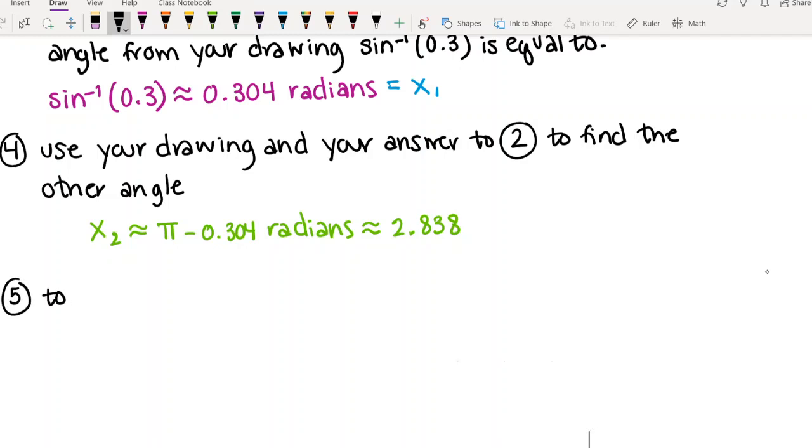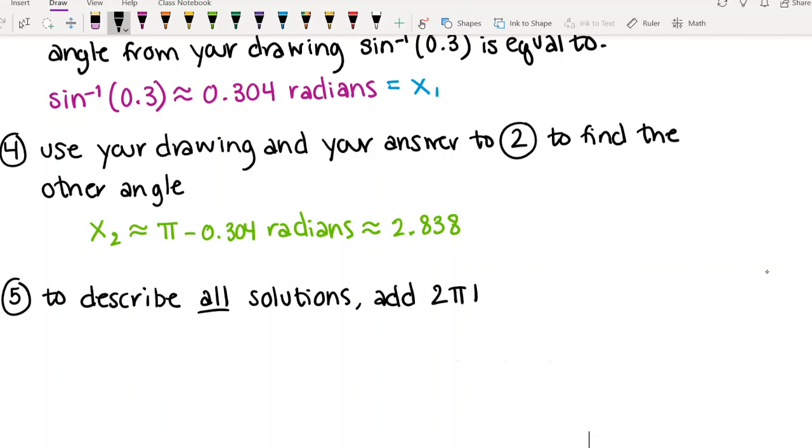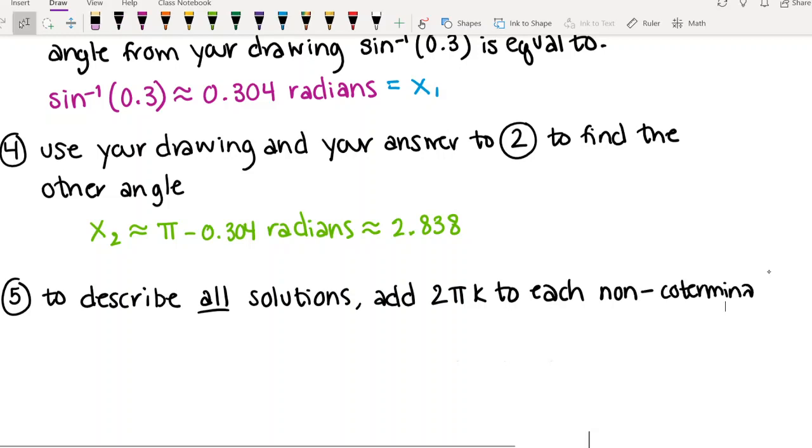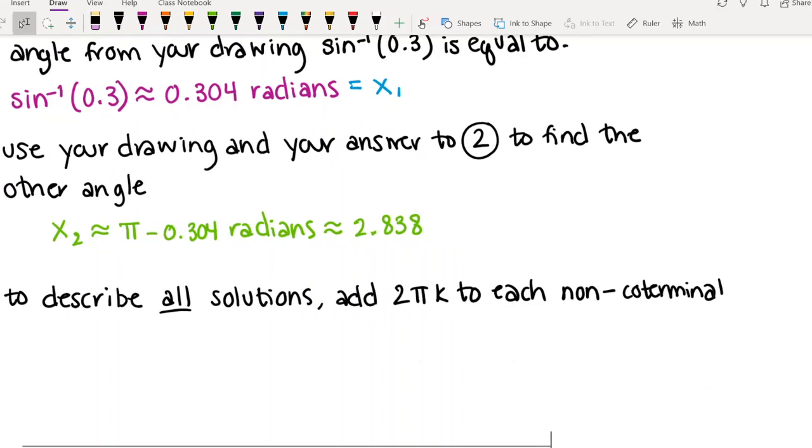So to describe all solutions, we're going to add 2 pi k to each non-coterminal solution found.